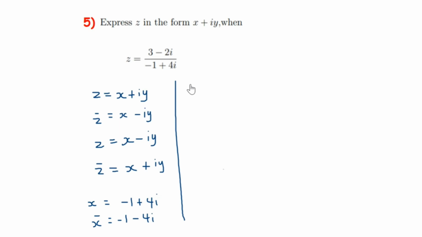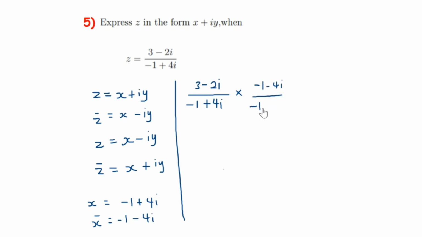So going back to the question, we have 3 minus 2i divided by minus 1 plus 4i. We are going to multiply both the numerator and denominator by the complex conjugate of the denominator, which is minus 1 minus 4i.